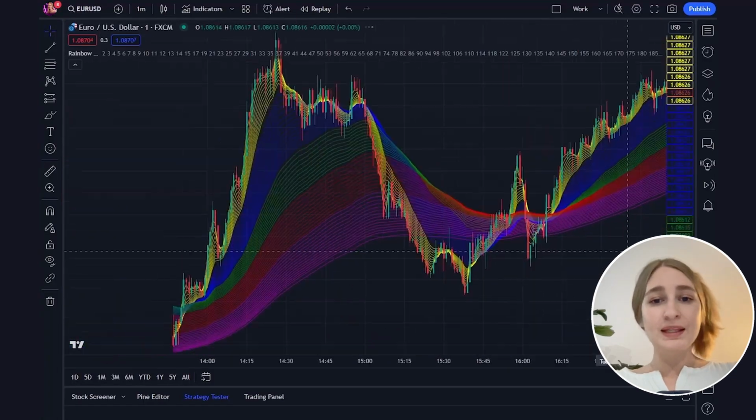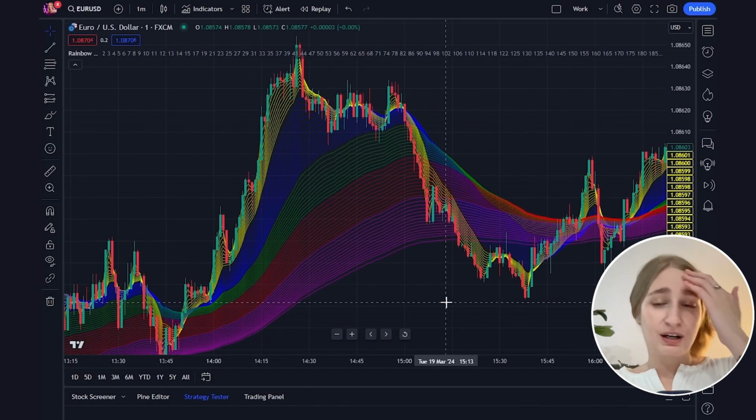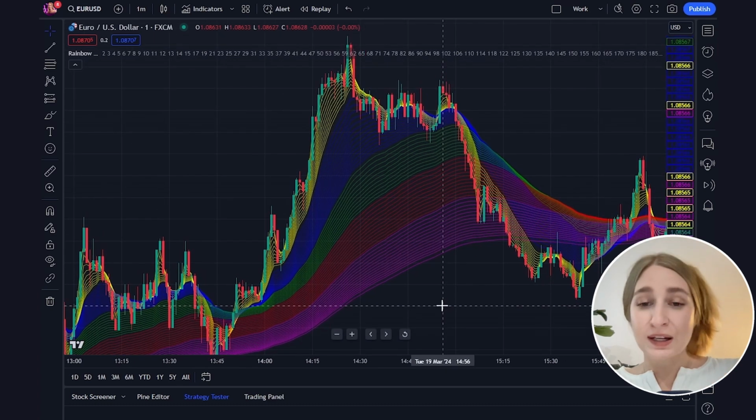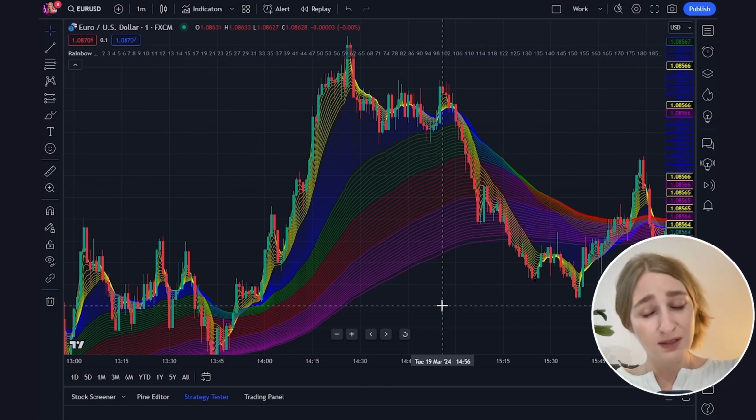So in this place we can notice this trading range here. What can we notice? Here we can see that we have lines much further apart. This tells us that we have a more intense movement on the chart at this point, on this currency pair specifically.